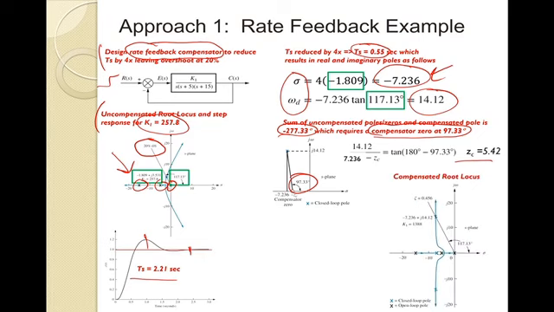Again, I'm going through that a little bit quick. We had seen how to do this in a previous module, so I don't want to spend too much time on that. Hopefully you can follow, and if not, please, by all means, ask questions. Once we have our compensator zero, you'll see it right there.